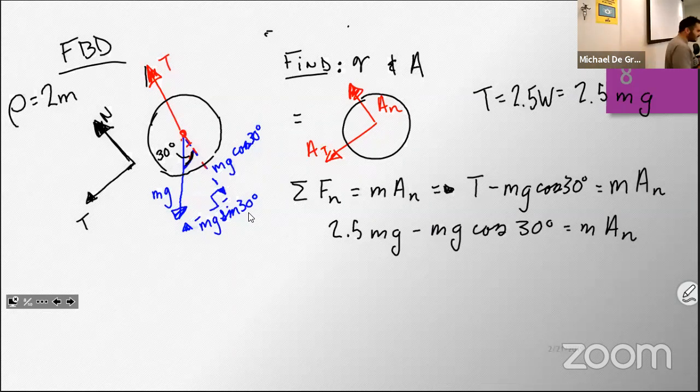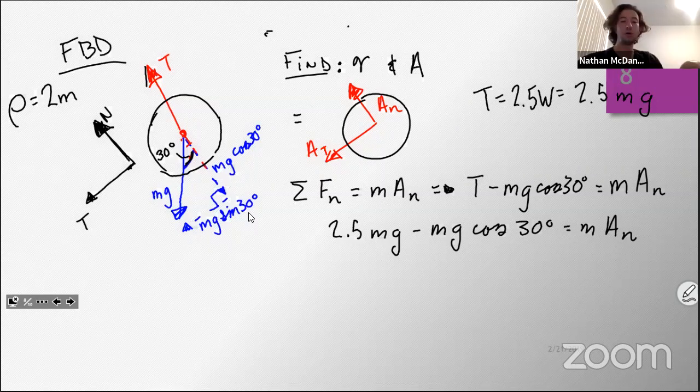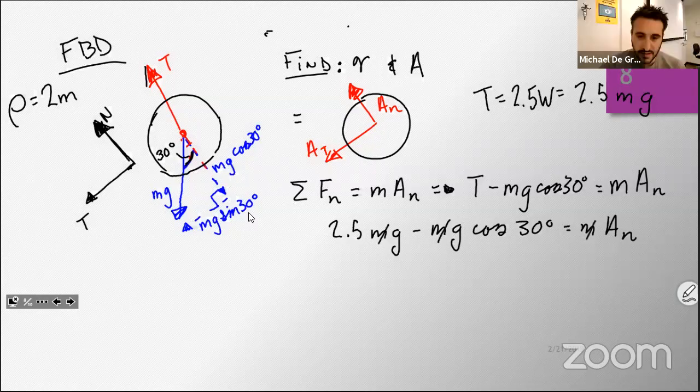How do we figure out the mass of the pendulum? Do you need it? No, it cancels out. It's in every term, so it just goes away. Divide out mass.